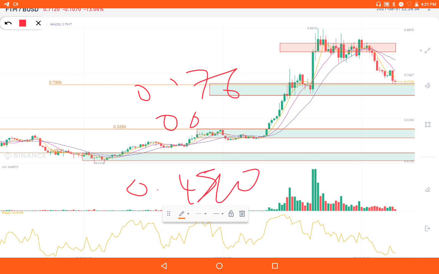Whichever path you feel convinced to make a decision on, it's up to you. For a guide on how to trade these areas, one can watch our video on how to pick market tops and bottoms. When you get that video, you can get a simple guide on how to trade these areas.